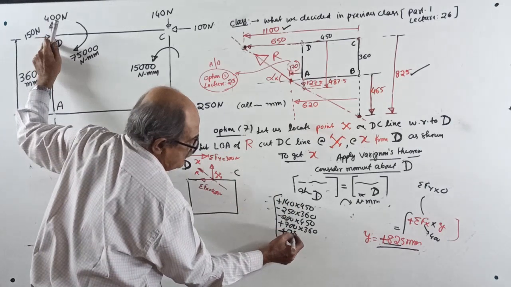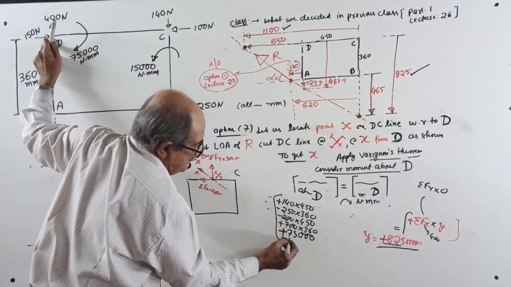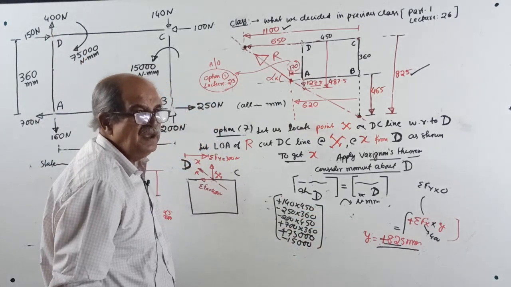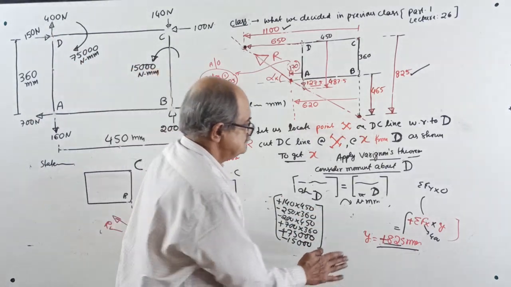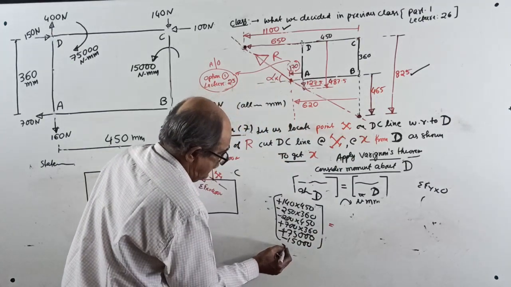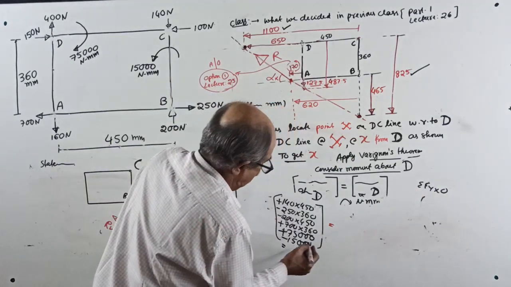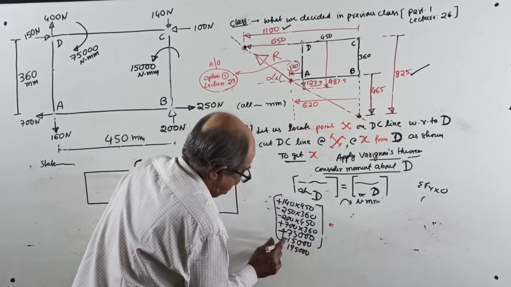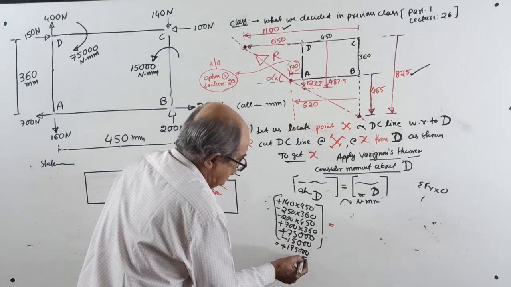Plus 75,000. This will never change, because when a couple is there, at any point you take moment, it is the same. This is equal to, if you calculate the full answer, 195000, plus. Why am I giving the answer?